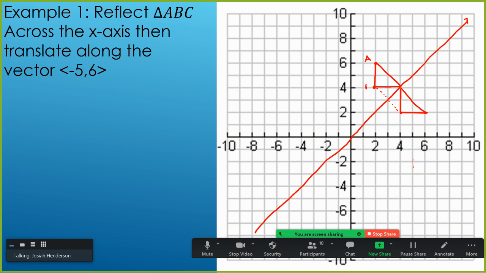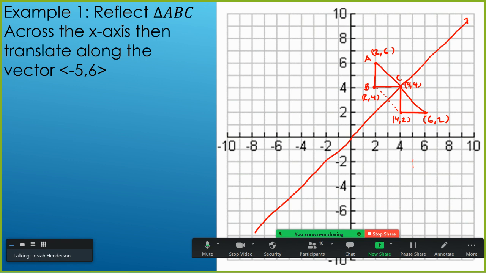So if this is A, B, and C on the original, A is at 2, 6. And the new A across from it is at 6, 2. Old B is 2, 4. New B is over 4 up 2. And in this case, I purposely had the C on the new C. It's right on the line. So this is at 4, 4, and the new one is at 4, 4 also.